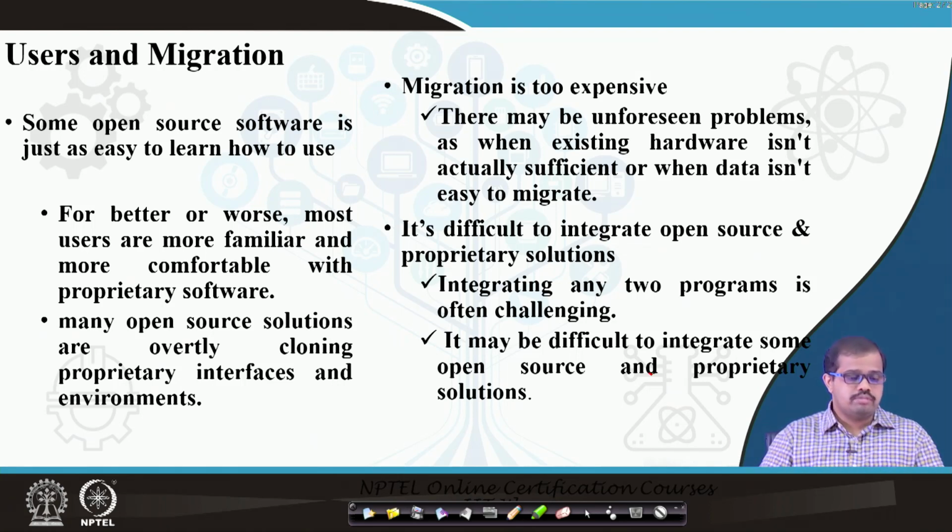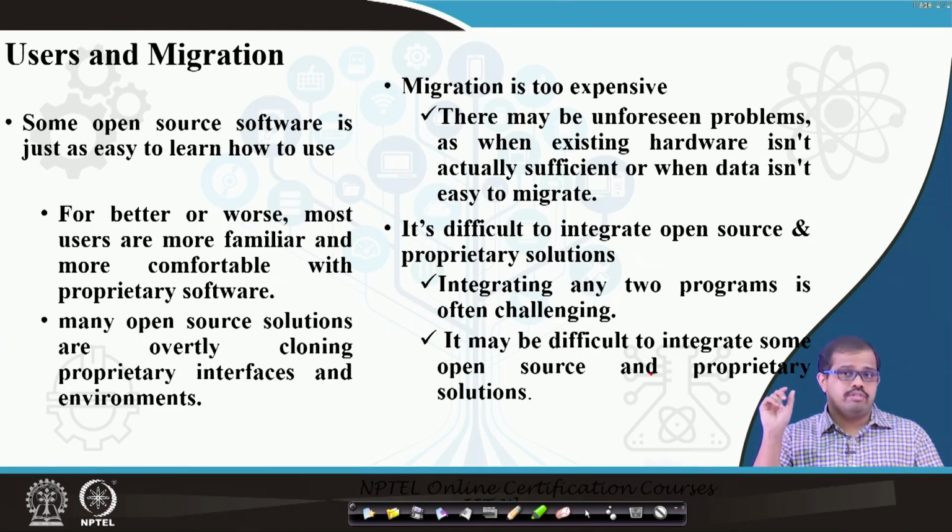For better or worse, most users are more familiar and more comfortable with proprietary software. It is because of the way it is represented, and many open source solutions are overtly cloning proprietary interfaces and environments. So you can see most of the proprietary environments in open source software. When you look at that, you won't find much of a difference in open source software.